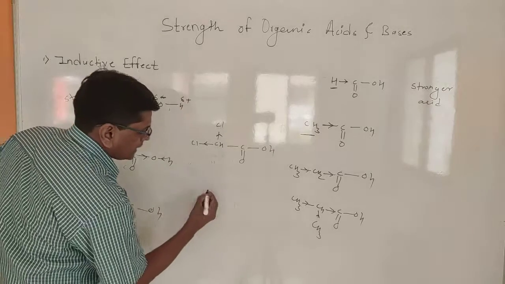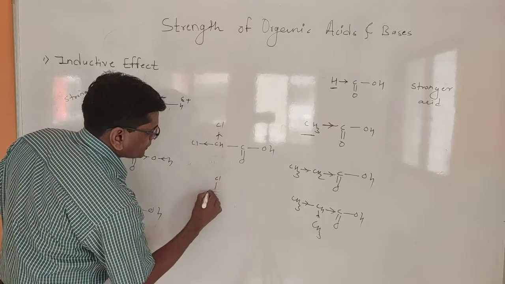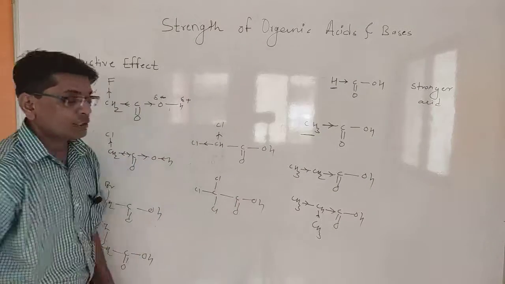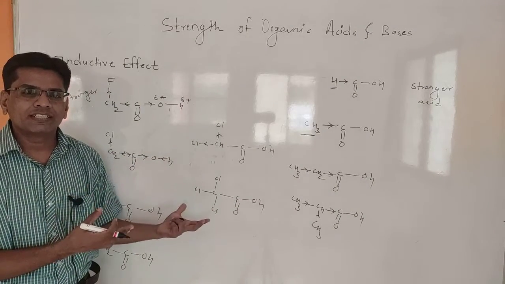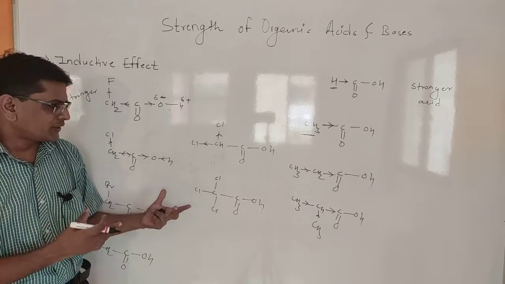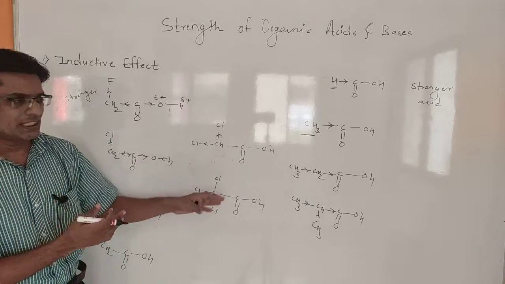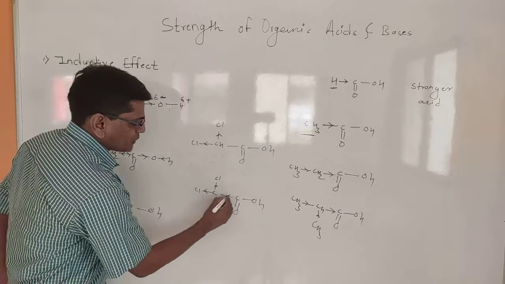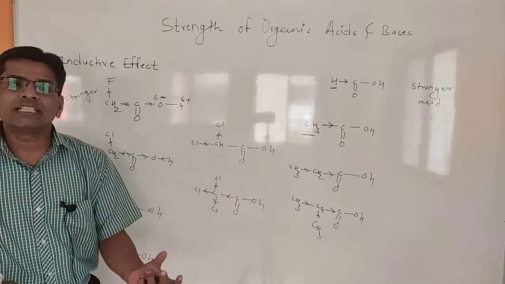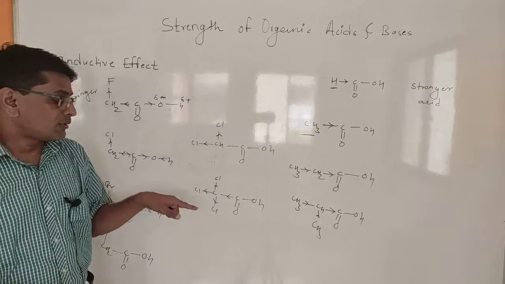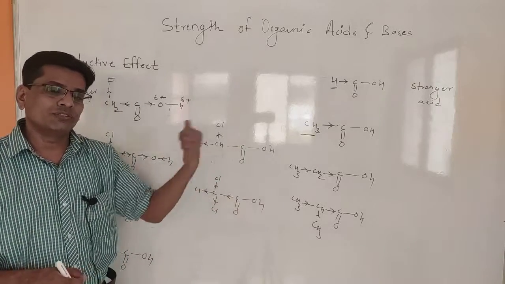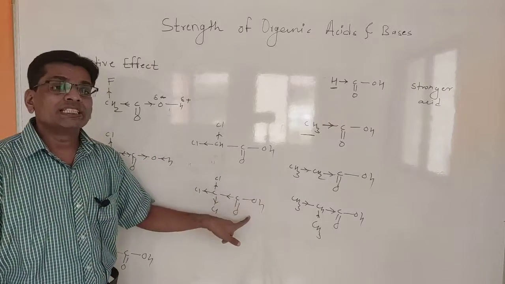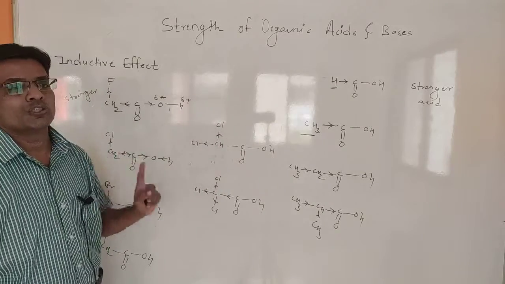Again, if we replace the third hydrogen also by chlorine, now there is an even stronger inductive effect, and due to that this becomes a stronger acid, because all the chlorines have withdrawn the electron from all sides. So this carboxyl center is electron deficient, it needs electron more strongly from the hydrogen, so it withdraws the electron, it creates strong poles, and that's why it can easily give the H+ ion as compared to all these molecules.